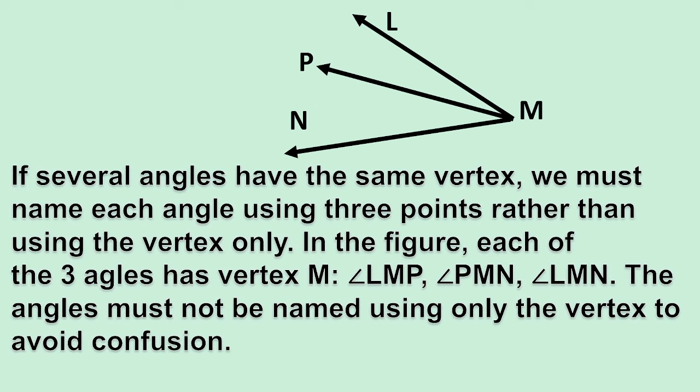If several angles have the same vertex, we must name each angle using 3 points rather than using the vertex only. In the figure, each of the 3 angles has vertex M: angle LMP, angle PMN, angle LMN. The angle must not be named using only the vertex to avoid confusion.